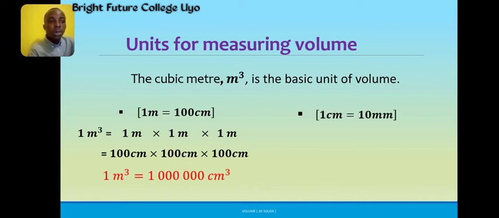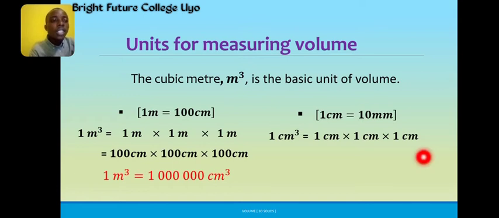And the other one is 1 centimeter to 10 millimeters. 10 millimeters make 1 centimeter. You know the way we read it. Now, 1 centimeter cube will be 1 centimeter times 1 centimeter times 1 centimeter.